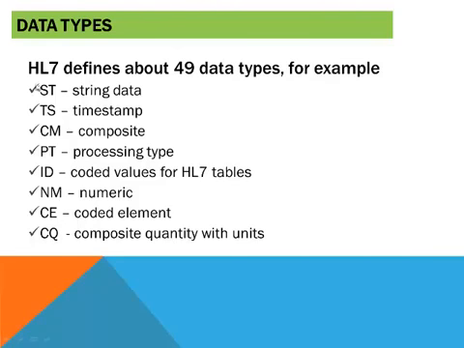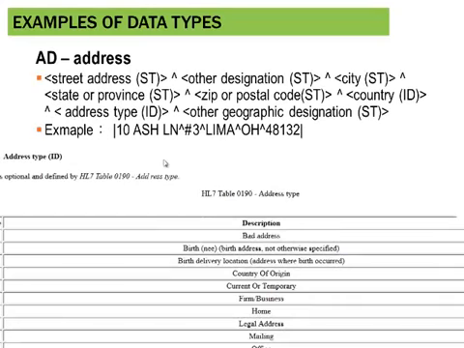For this specific explanation, we can go to the control book chapter, but here we just give some examples. The first example is called AD. In fact, it's the address. The grammar for the address is composed of several components.